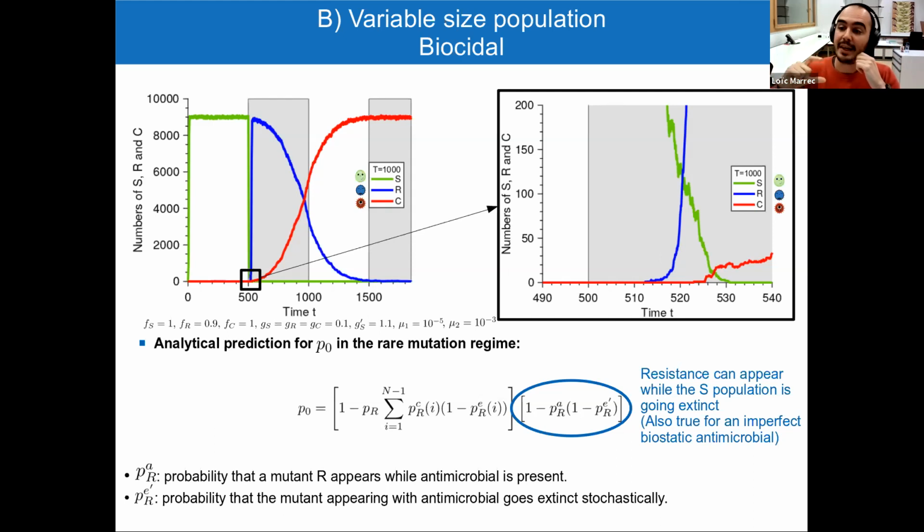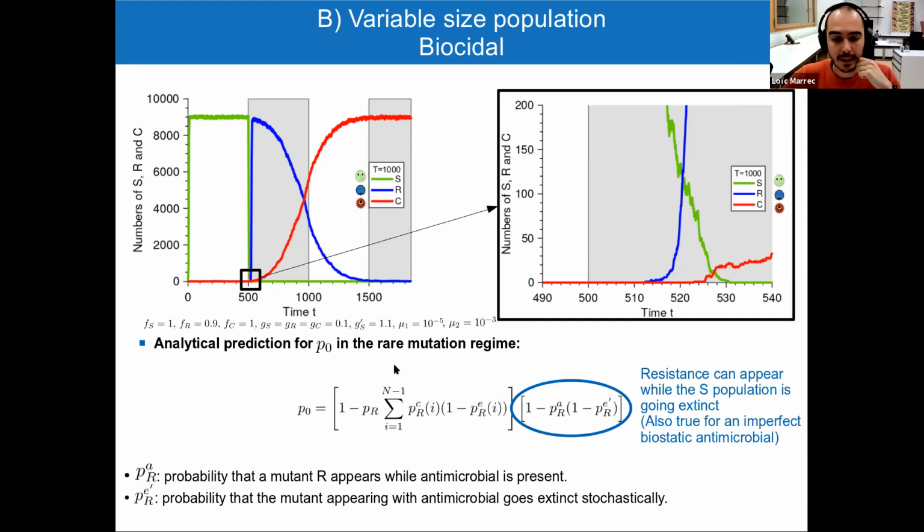So even if it increases the death rate, they still divide. And if they divide, a mutant can appear, okay? And if a mutant appears in this phase, it will have a selective advantage. Why? Because the biocidal drugs are impacting the sensitive microbes.